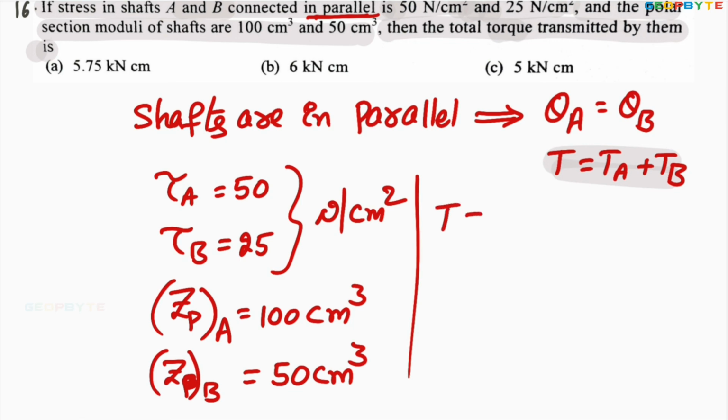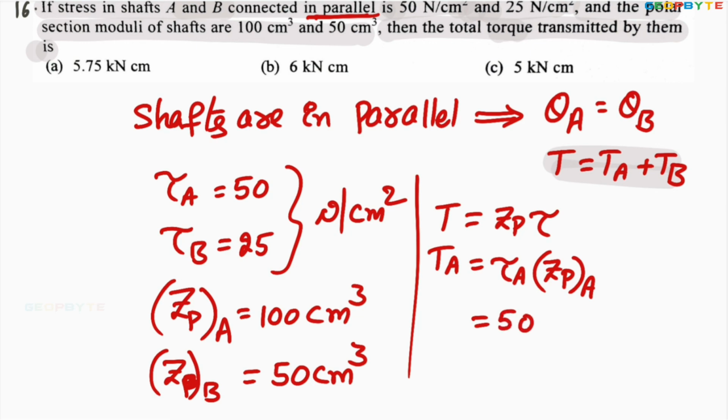You know torque T equals polar section modulus into tau, the shear stress. Then TA equals tau A into ZP for A, which is 50 multiplied by 100, equal to 5000 Newton centimeter.